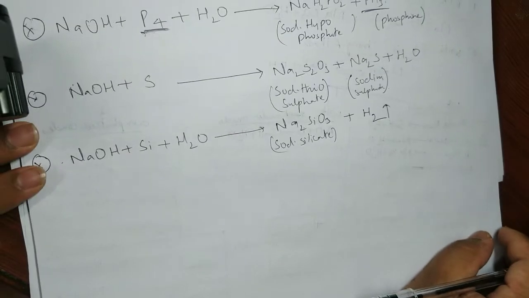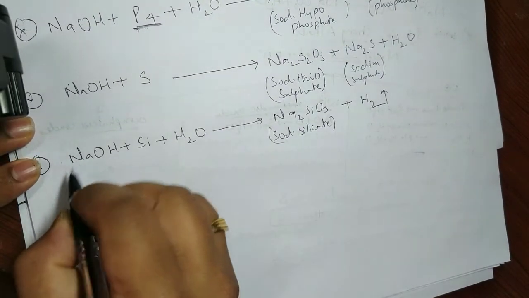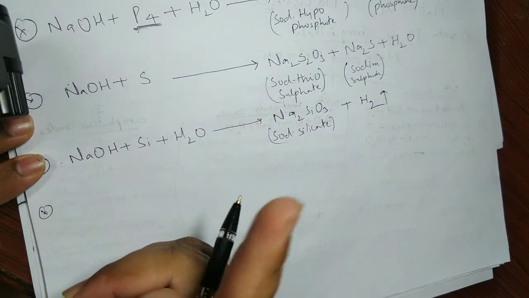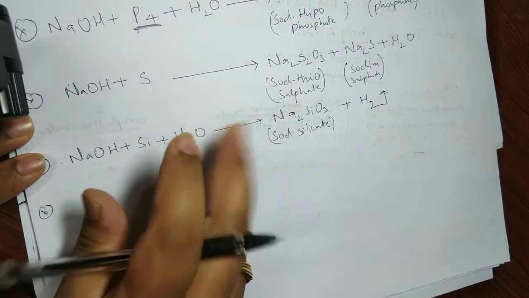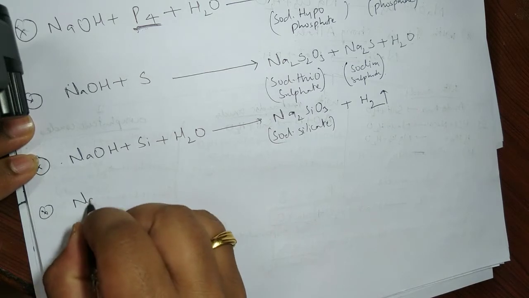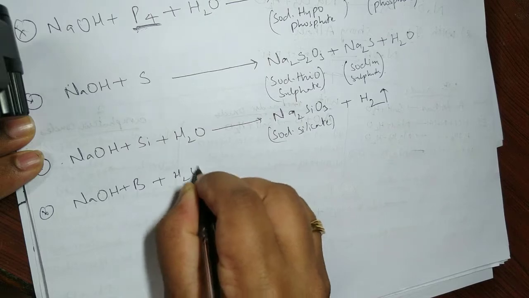Fine. And if I talk about boron, boron is diagonally related with silicon, no? So silicon's reaction only it should be there, that is NaOH plus boron, aqueous medium.